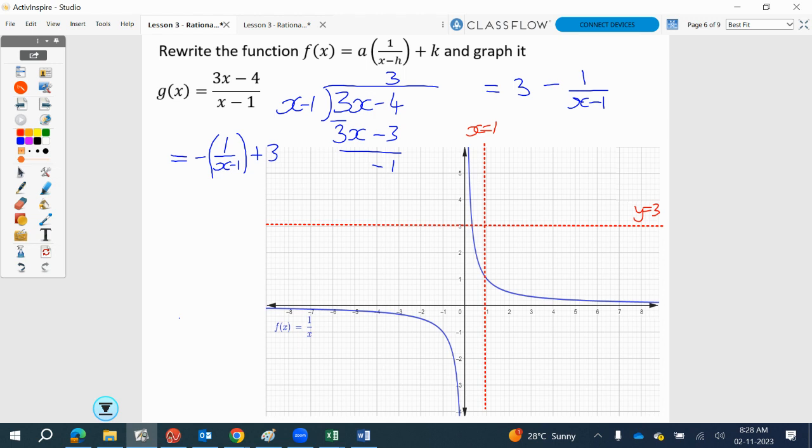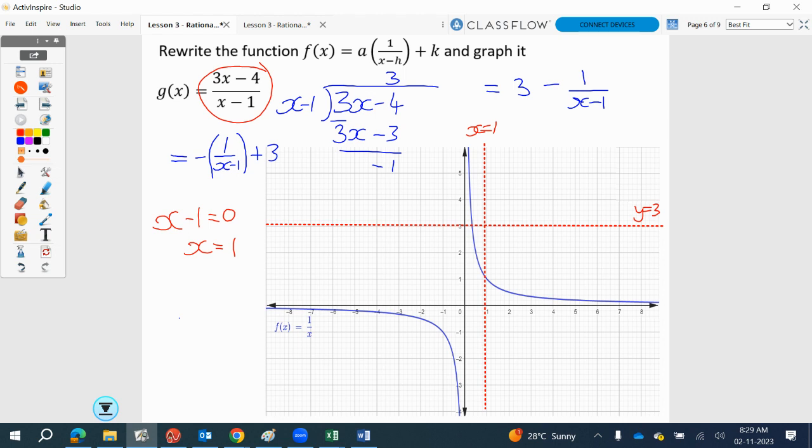Here in the original function, you can see the vertical asymptote, because you take the denominator and set it equal to 0, there's the vertical asymptote. The bracket is used for the vertical asymptote because the vertical asymptote is shifted horizontally.